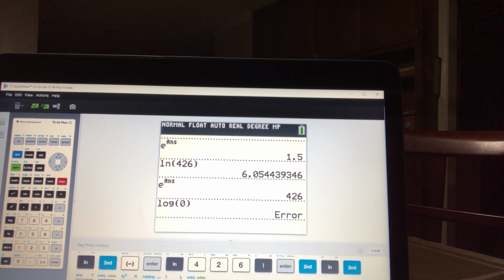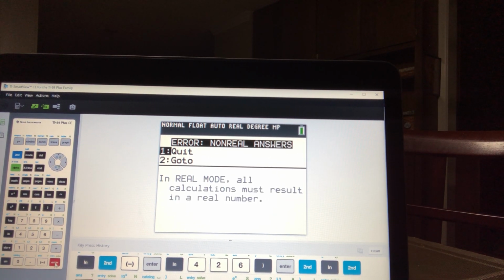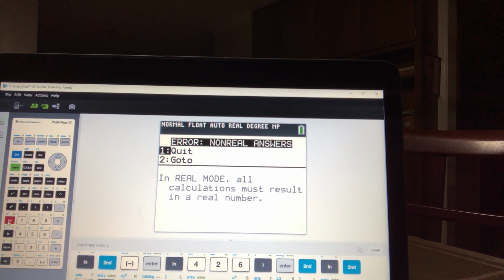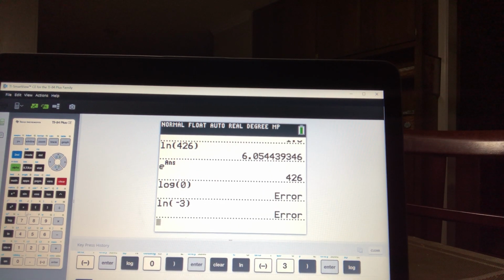The other thing is a negative number. Notice it says find the natural log of -3. Again, you're going to see an error, non-real answer. You cannot do the natural log of a negative. Or if you do a common log of a negative number, like the -1/3 on the next one, you're going to get an error.